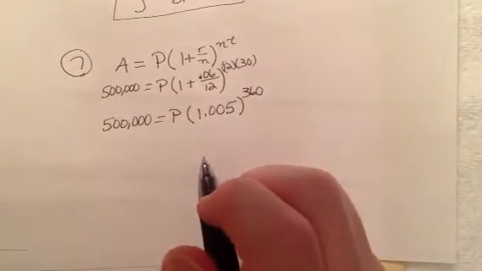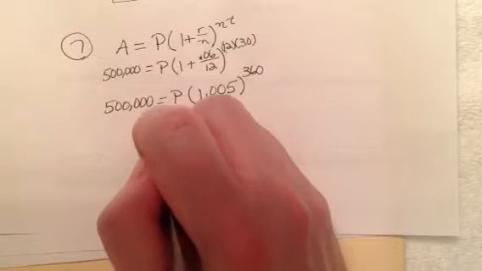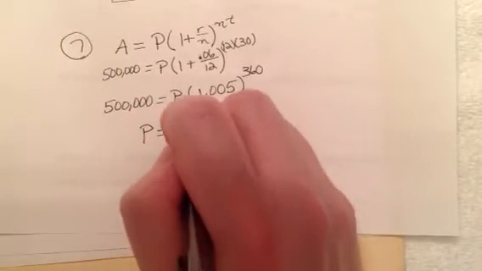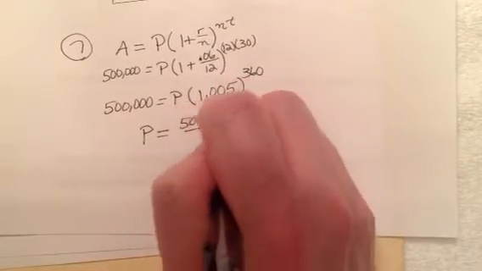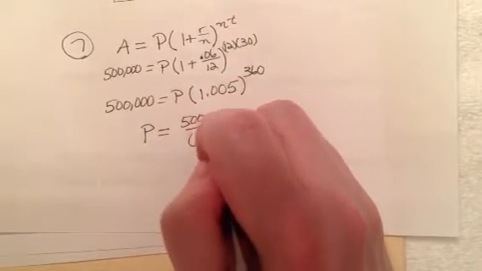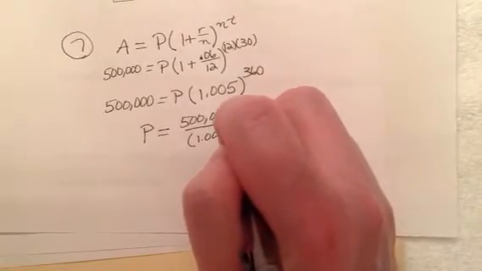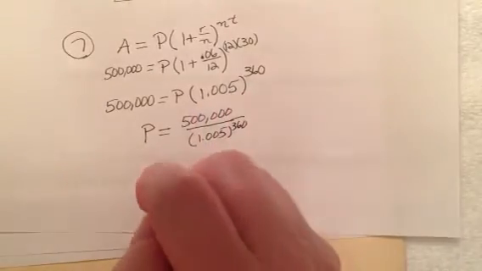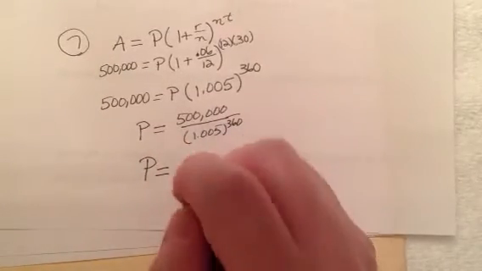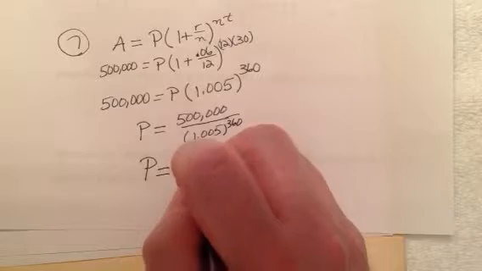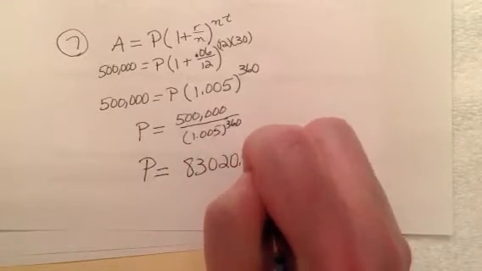Isolating P, we say that P is equal to 500,000 all over 1.005 to the 360. The approximate value of P is 83,020.96.